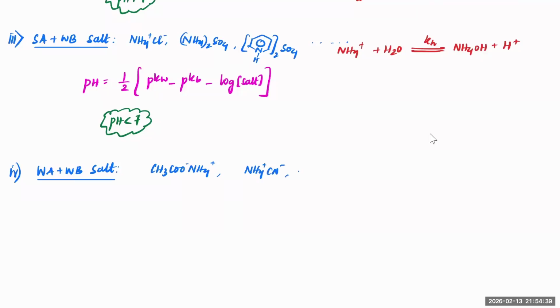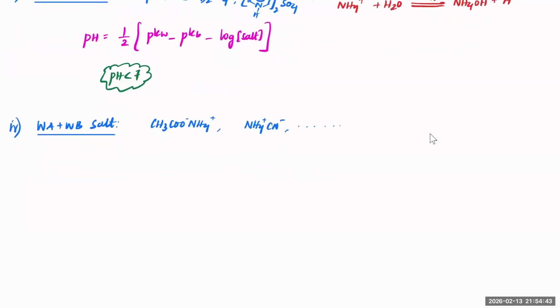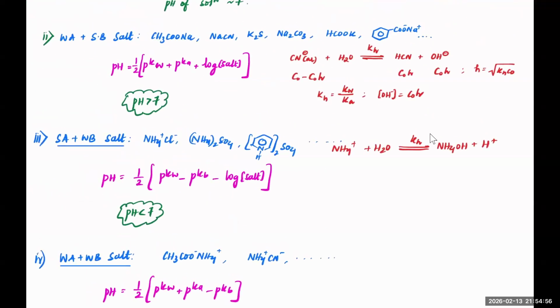So when you have weak acid, weak base salts present this way, the pH value will be calculated as half of pKw plus pKa minus pKb. It's like you're taking the summation of these and just trying to erase these two. That will be your pH value.